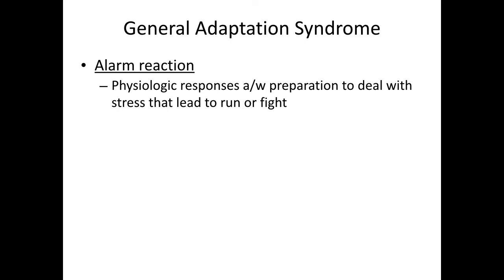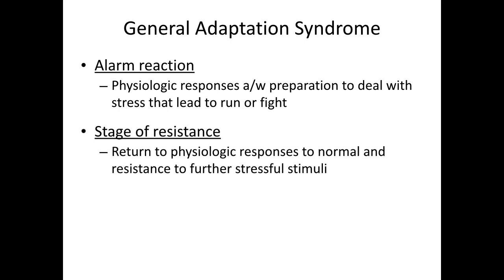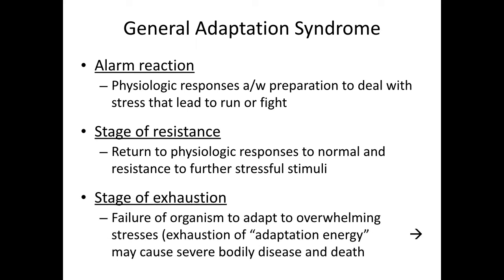Alright, so just now we talked about general adaptation syndrome. It looks into the alarm reaction as well as the stage of resistance and stage of exhaustion. In the stage of exhaustion, there is failure of the organism to adapt to overwhelming stresses, meaning exhaustion of adaptation energy that may cause severe bodily disease and death.